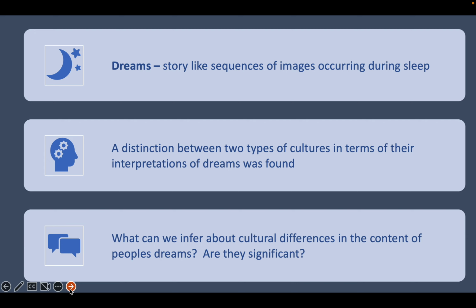What about dreams? Our dreams are story-like sequences of images that occur during sleep. A distinction has been made between two types of cultures in terms of how dreams are interpreted. The first is monophasic cultures, which are typically associated with a materialist worldview.